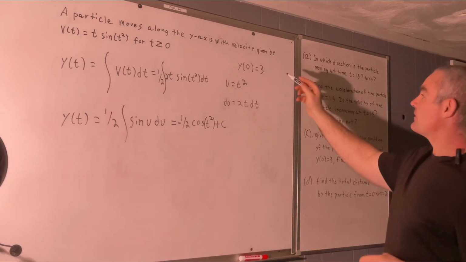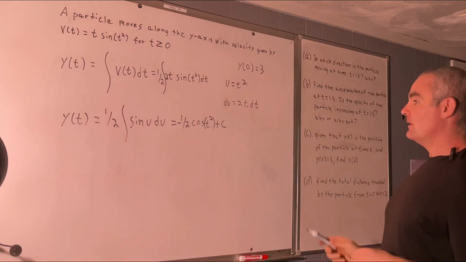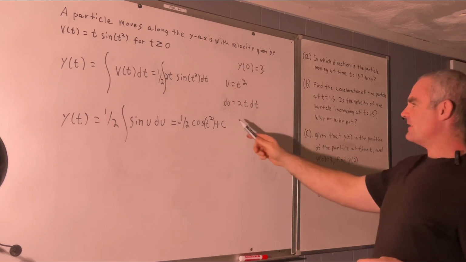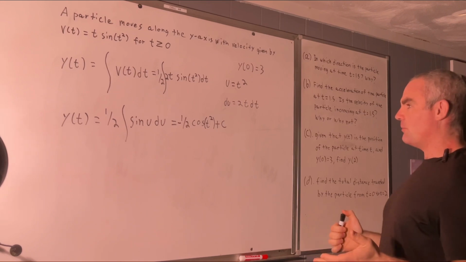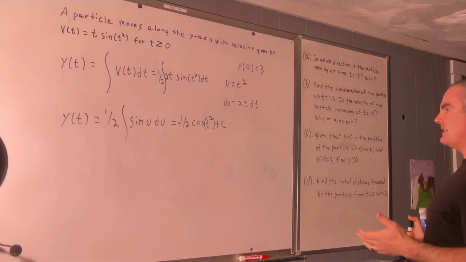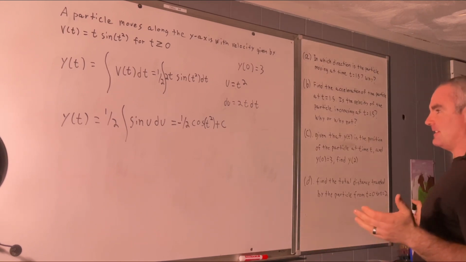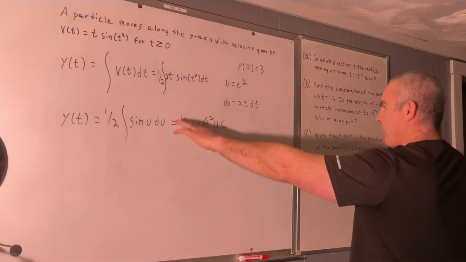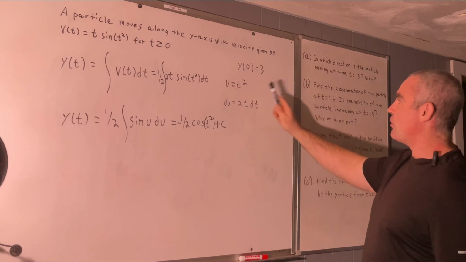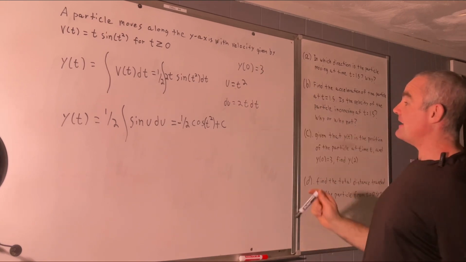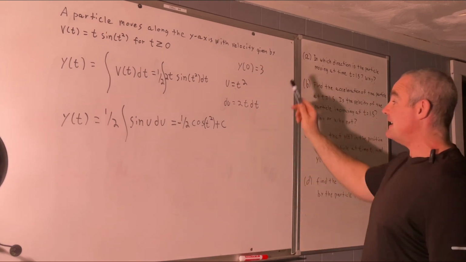All right, now comes the part where we use this. We have our y of t, but we have this plus some arbitrary constant. So basically we're saying y of t could be basically anything as long as it has this form. But we know it passes through the point 0, 3. If we plug in 0 for t, we get out 3.